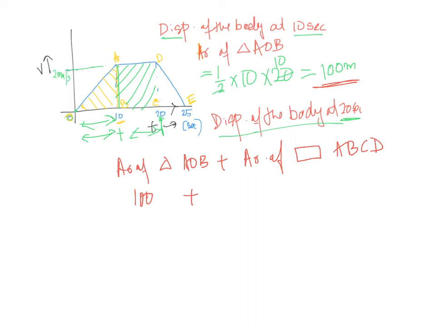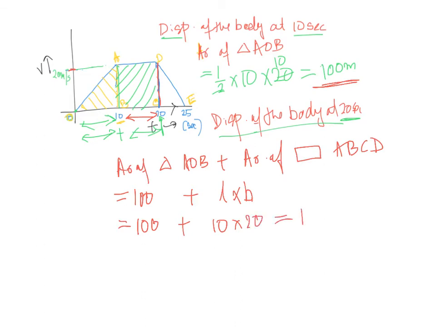So what is the formula for area of rectangle? Does anyone remember? Length into breadth, right? So what is the length and what is the breadth here? This is 20 minus 10, 10, and this is my breadth, 20.